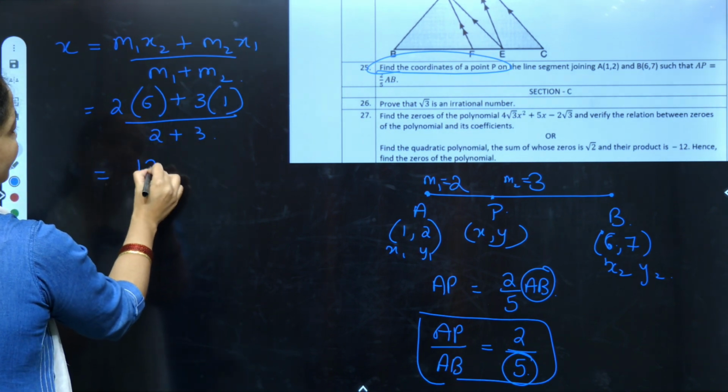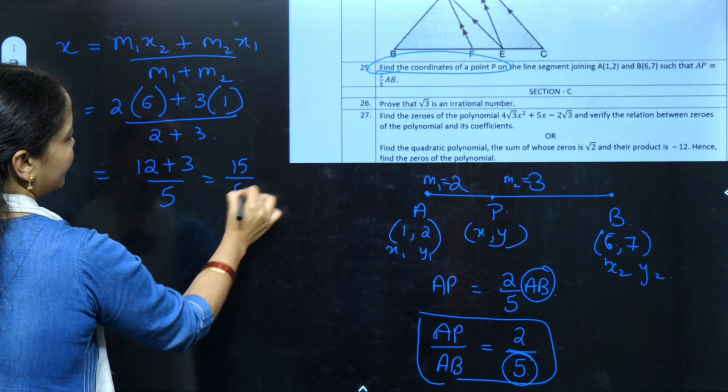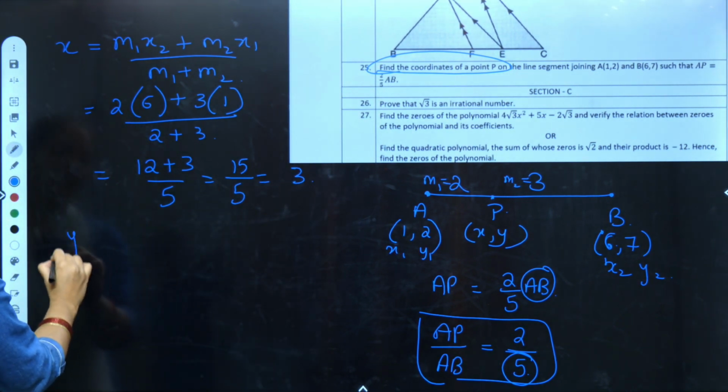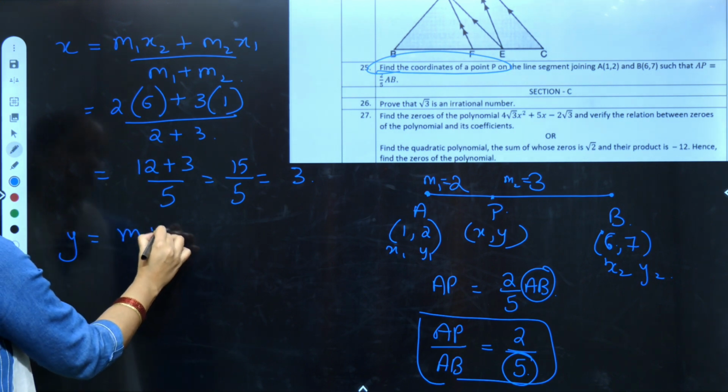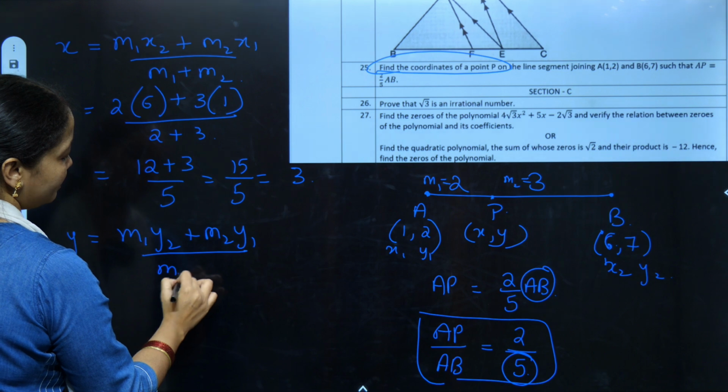So this is (12 + 3) by 5, 15 by 5. So my x coordinate is 3. Similarly, finding y, the formula is (m1 y2 + m2 y1) divided by (m1 + m2).